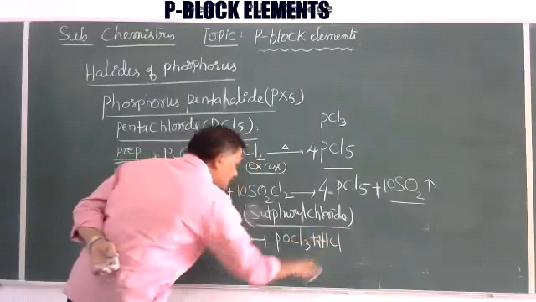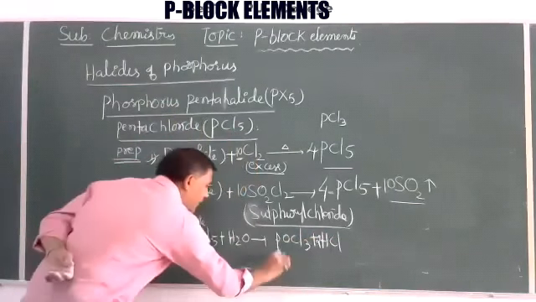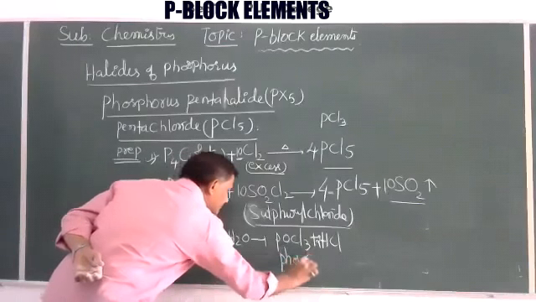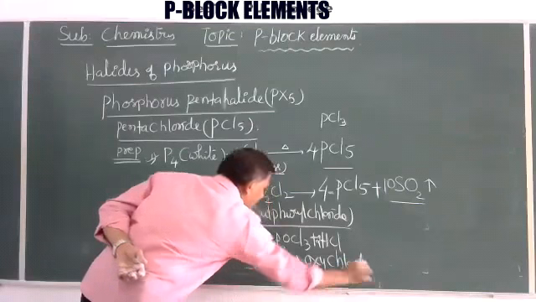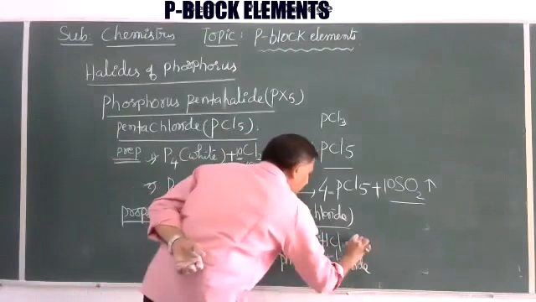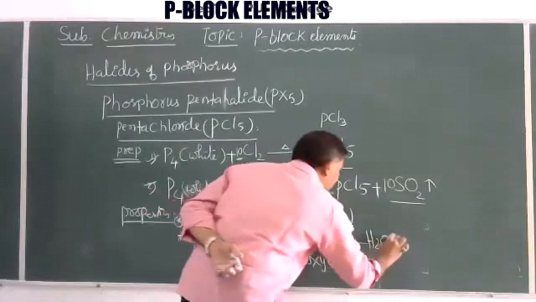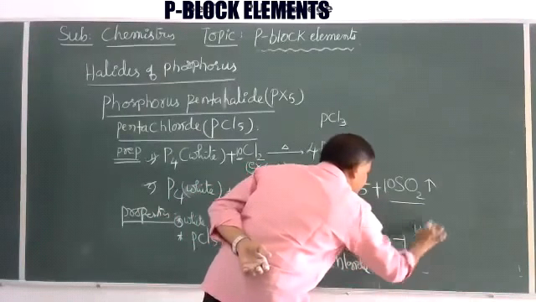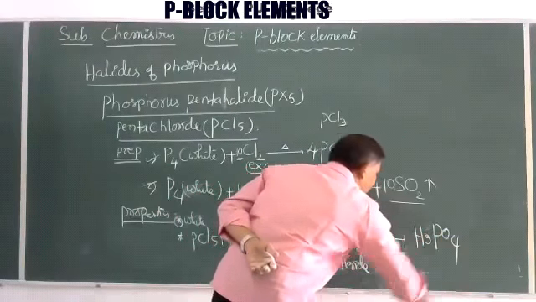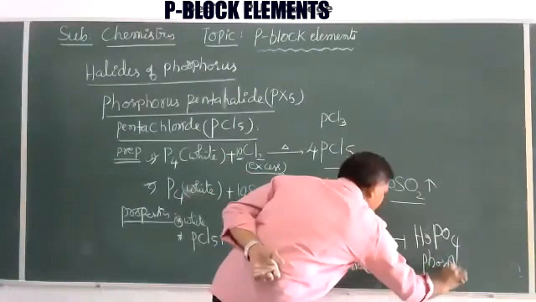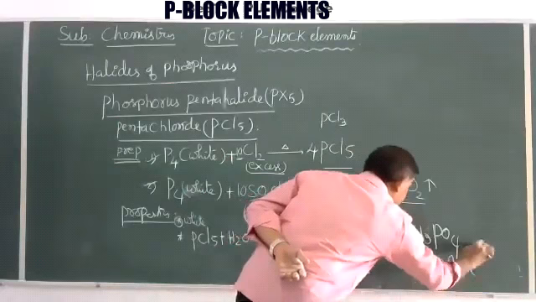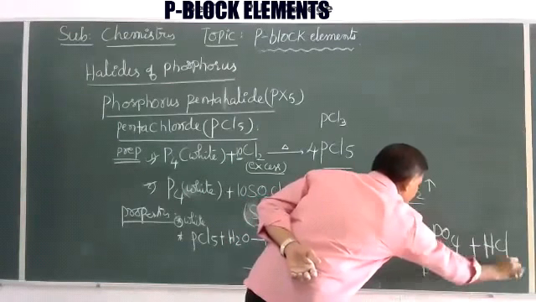Here are the 2 moles. This is called phosphorus oxychloride. That phosphorus oxychloride again on hydrolysis with water gives H3PO4, phosphoric acid. Phosphoric acid plus HCl is formed.